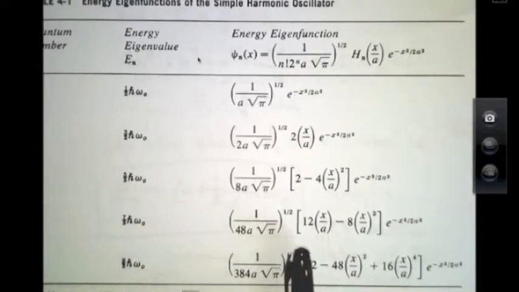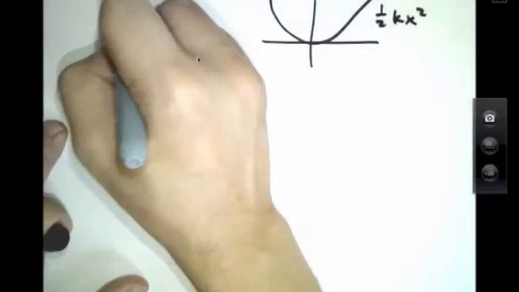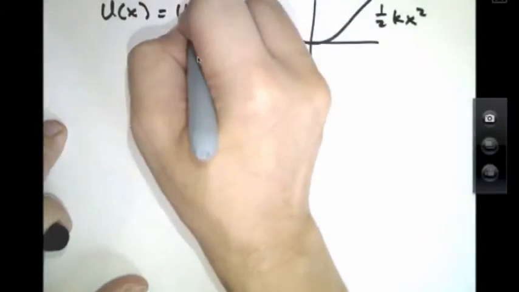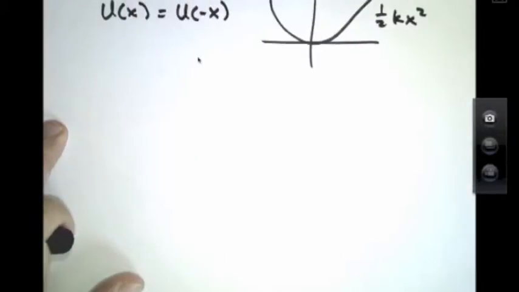The third, n equals 3, wave function has only the odd polynomials in it, so x and x cubed. And the fourth has only x to the 0, x squared, and x to the fourth. That's quite understandable, because if we think back to what our potential is, it's symmetric about the origin.